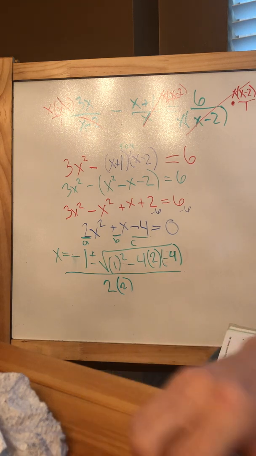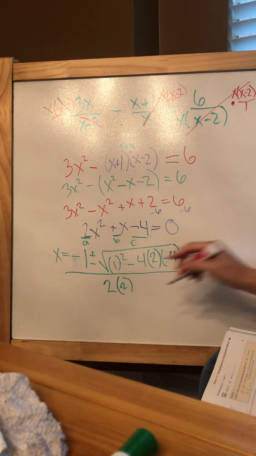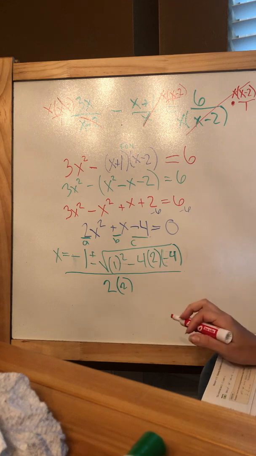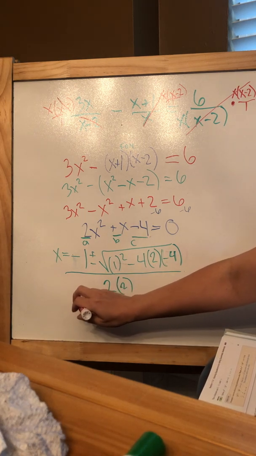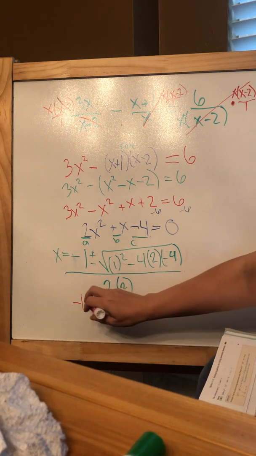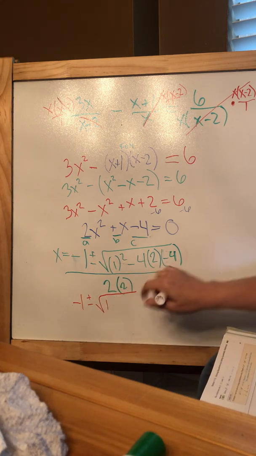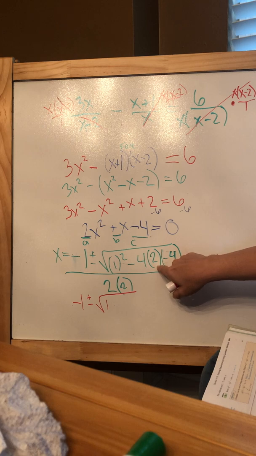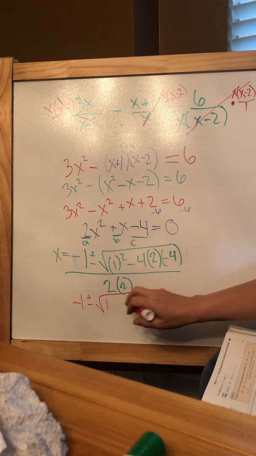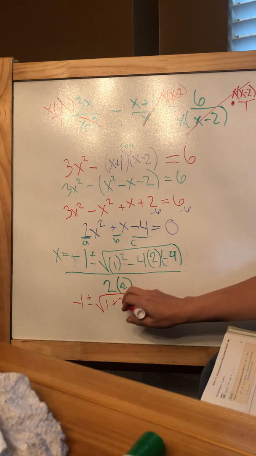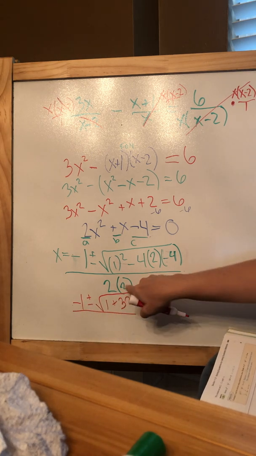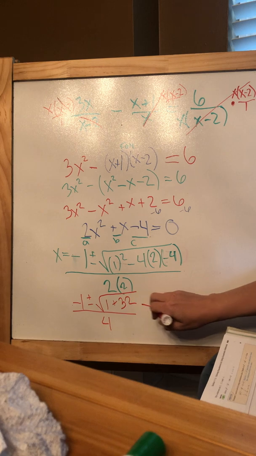All right, let's simplify here. So we are left with negative 1 plus or minus the square root of 1. Here we have negative 8 times negative 4, which gives us positive 32, all over 4.